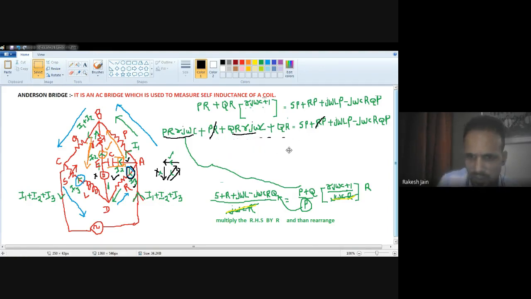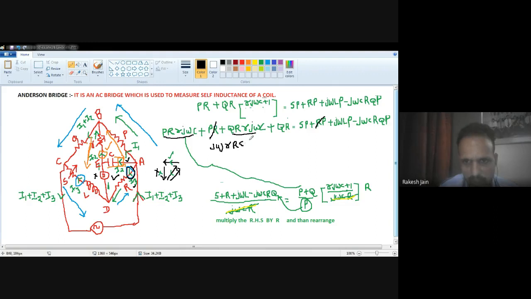Once again, I am going to show you what is common between these two imaginary terms at the left hand side. See, j omega is present in both these terms. Small r is present. Capital R is also present. And C is also present.